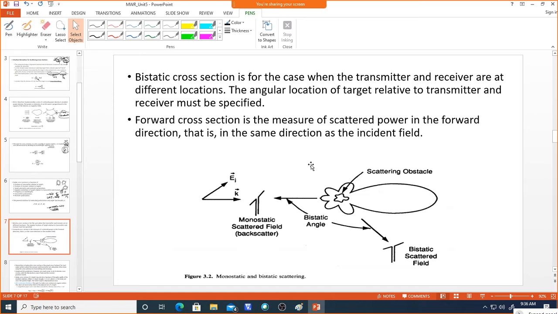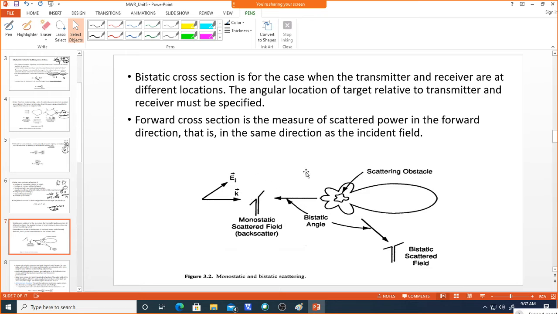As already discussed in the earlier unit, there are two types of RCS: monostatic RCS and bistatic RCS. What is meant by monostatic RCS? Transmitting and receiving happen with a single antenna.